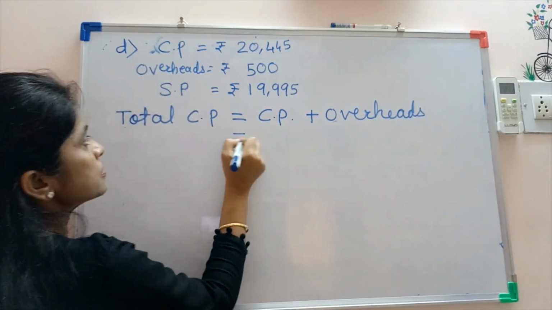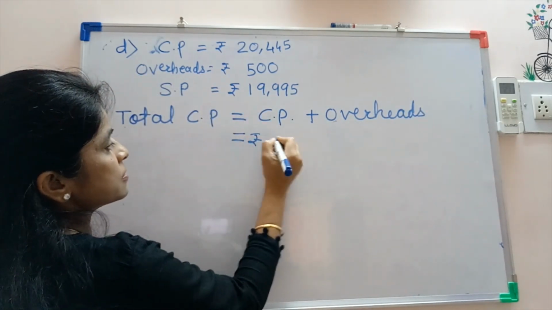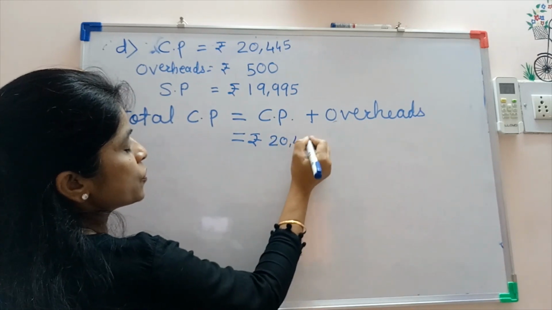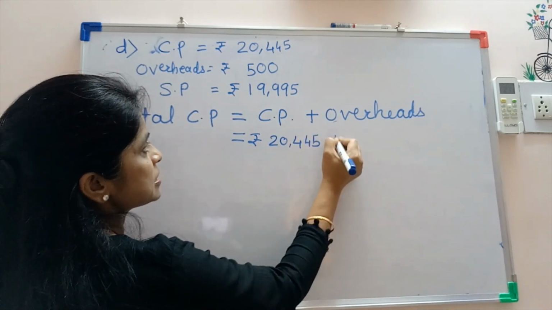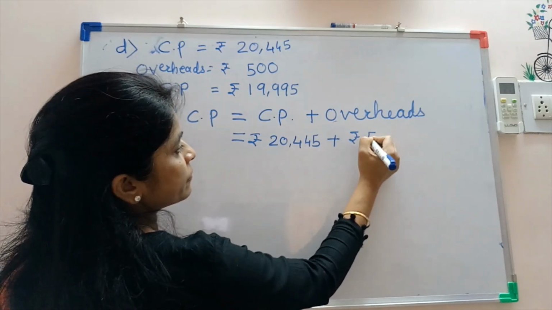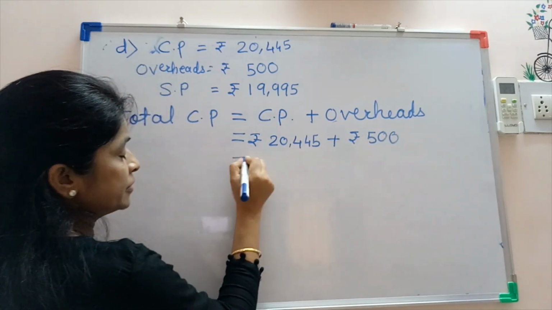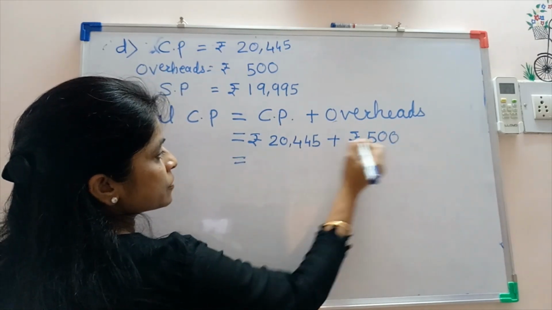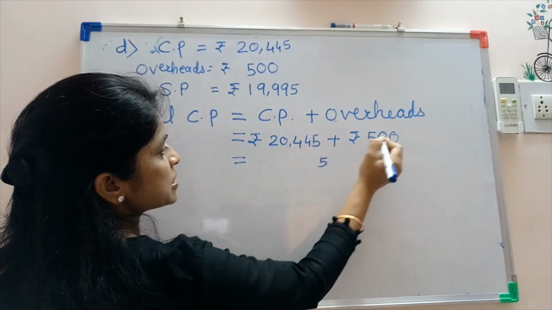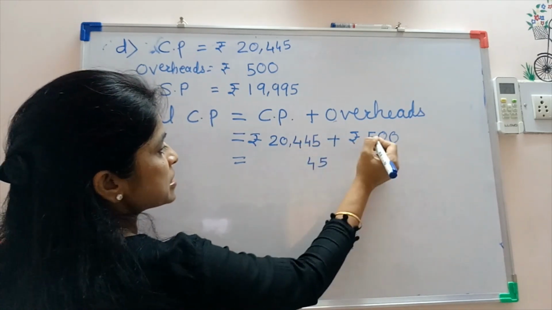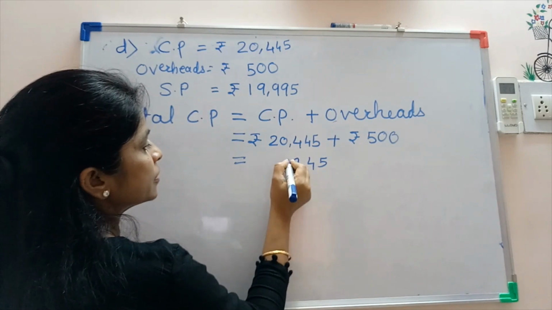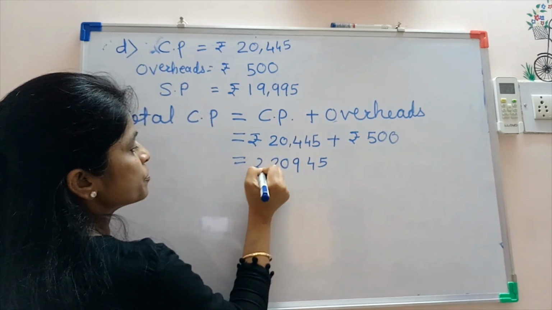Now CP is rupees 20,445 plus rupees 500. When we add this, we get 5 plus 0 is 5, 4 plus 0 is 4, 4 plus 5 is 9, and 2 is 2.